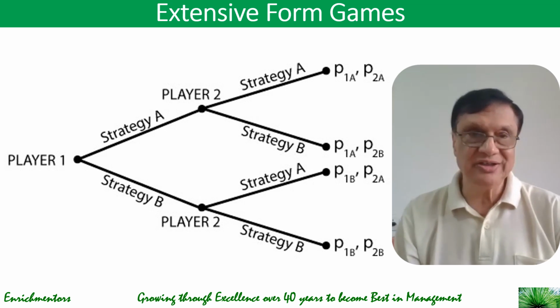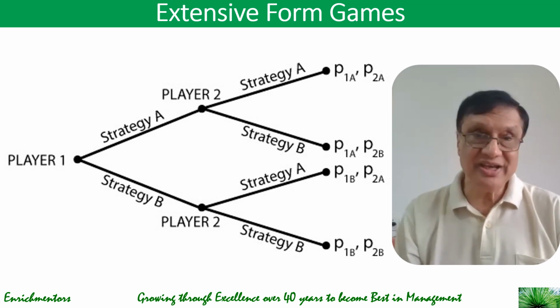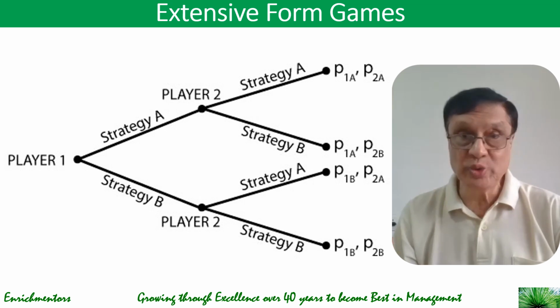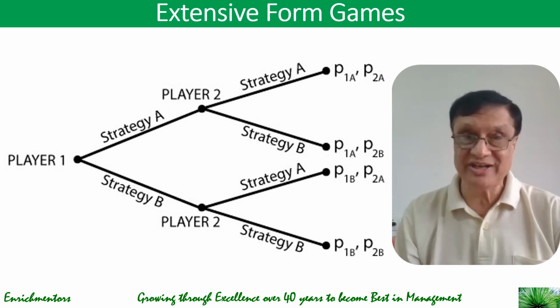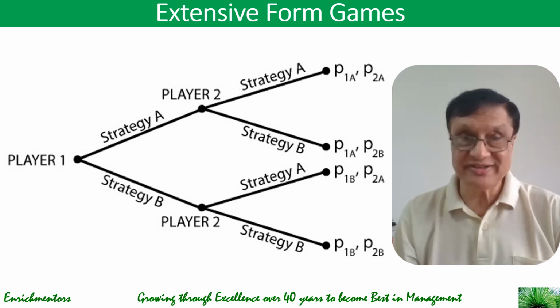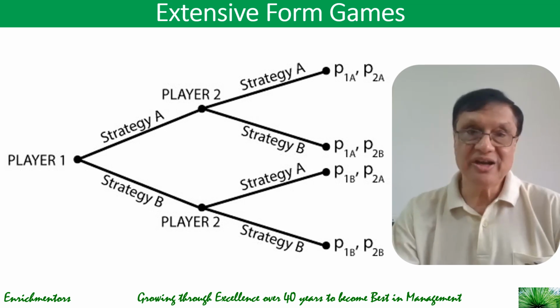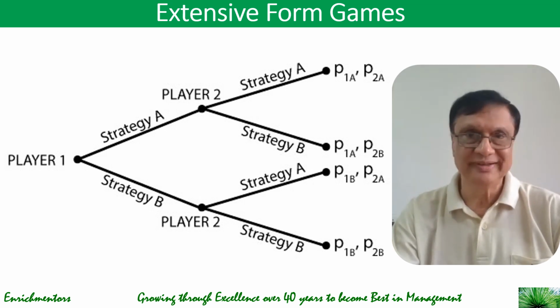And if you see in your figure here, player 1 has two possible moves, strategy A and strategy B. If player 1 takes strategy A, player 2 can take again two strategies, A and B, with their respective payoffs P1A, P2A, P1A, P2B. Similarly, if player 1 takes strategy B, player 2 can take strategy A and B, and then there are corresponding payoffs. So this is the representation of the game in an extensive form in a tree structure, and we will take a look at that as we go forward.